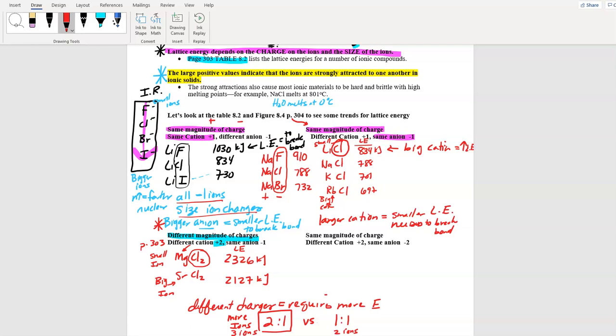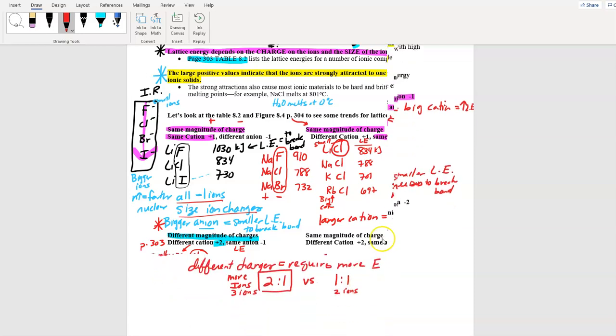In case you don't see why it's 3, remember right here you have magnesium. Magnesium is its own ion, and then I have chlorine, that's an ion, and then I have another chlorine. I have 3 ions over here versus only 2 ions over here. More ions, more energy to break that bond.